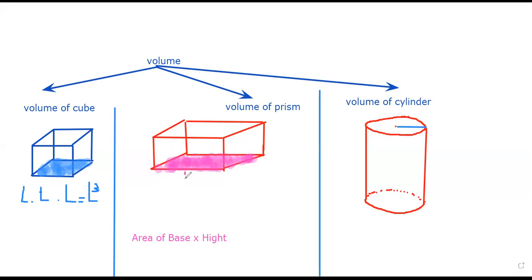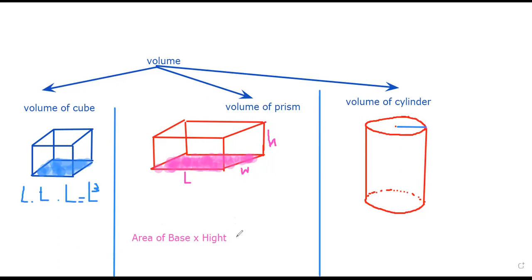Or we can say that this one is length, this one is width and this one is height, right? So if I want to calculate the volume of the prism, it would be the area of the base, which is a rectangle, length times width, and then multiply by height.